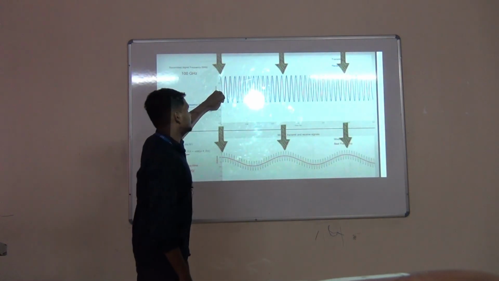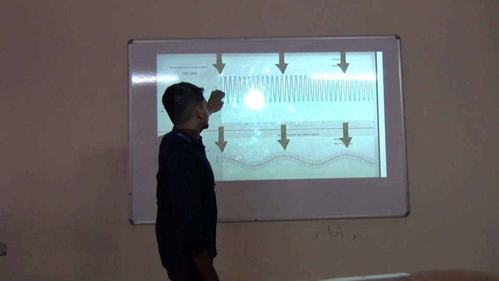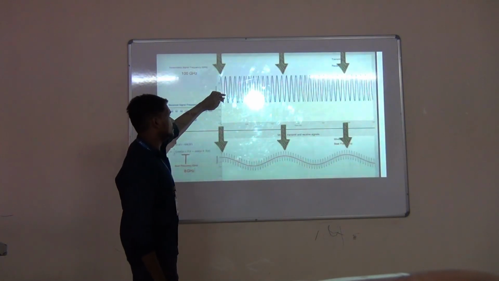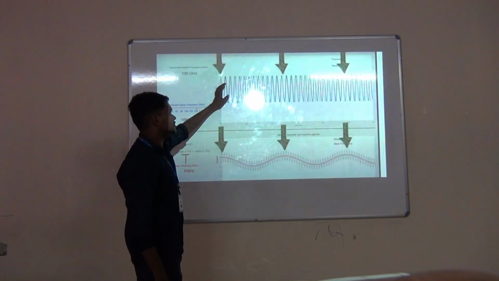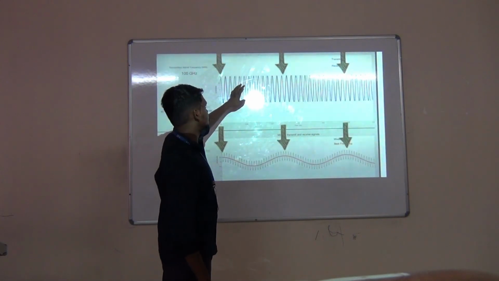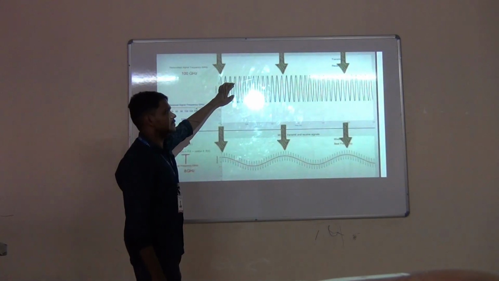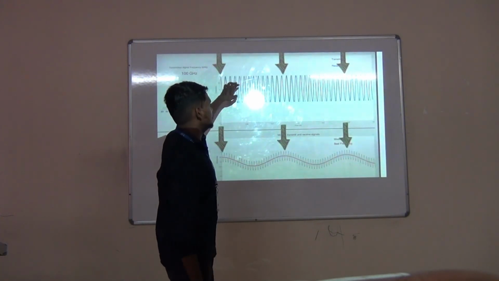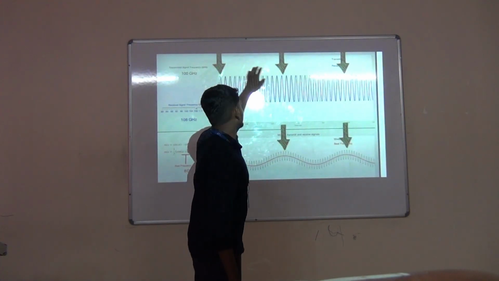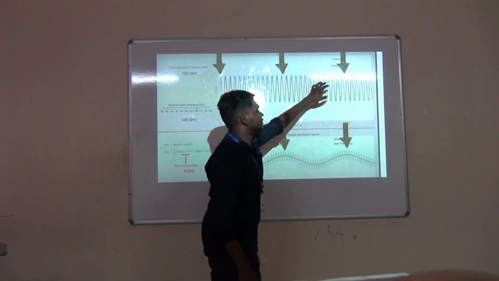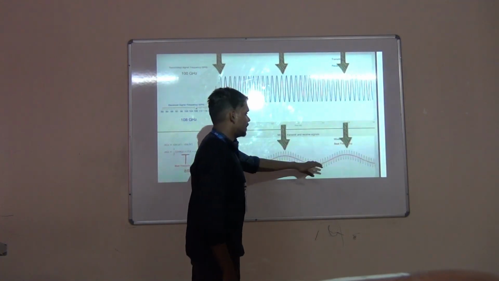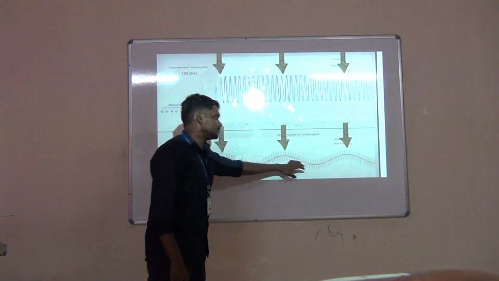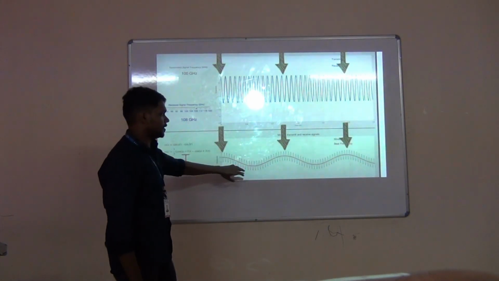If you can see, the blue line is the receiver line, and the black line is the transmitter line. Both are the same waveform initially, and then the phase change will happen. The receiver end will have a higher frequency than the transmitted waveform. At certain points they will overlap, here, here and here. These indicate the highest points of the multiplied waveform, that is, the beat frequency will be higher here.